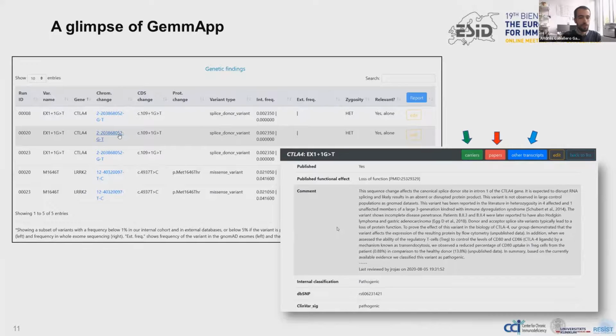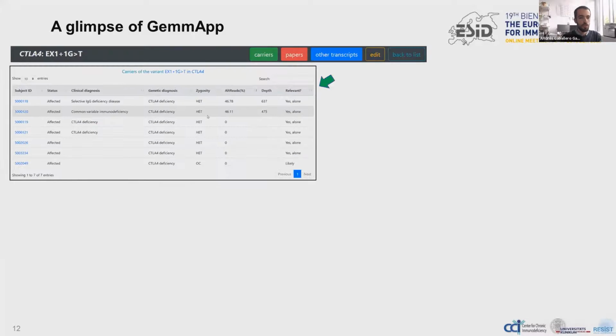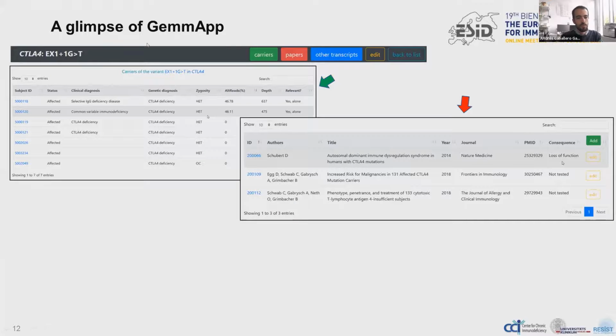So just to show you quickly, here you could have a look at the different carriers of this mutation in our database. And of course, the benefit is that you can see immediately their clinical and genetic diagnosis, and the data from the sequencing, so what was the depth and the alternative read count of this variant in that patient. You could also have access to papers in which this variant was published, but also papers where the patient was published.